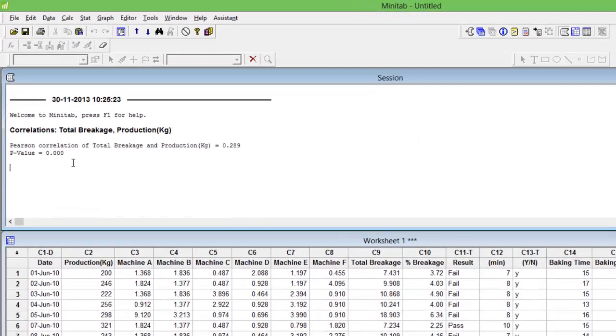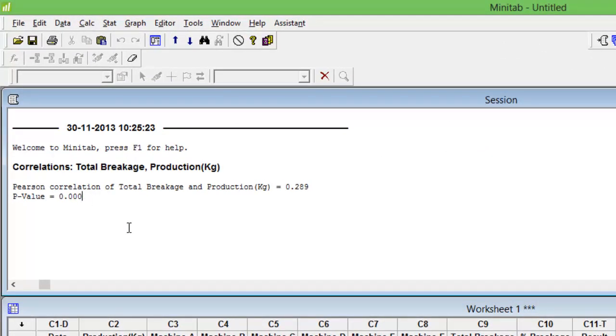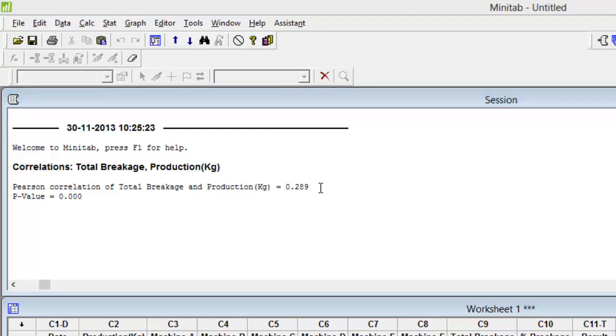The first thing that you should look at is the p-value. Here, if you see, the p-value is being shown as 0.000, meaning both the variables are related to each other significantly. Additionally, it also publishes for you the Pearson's correlation value of 0.289, closer to 0, which means while there is relationship, it might not be significant.